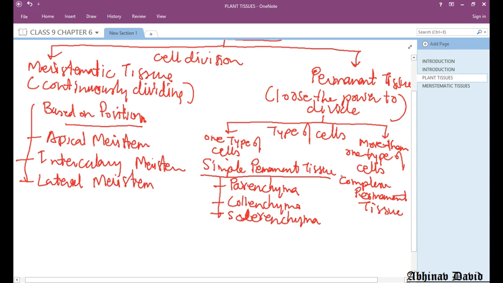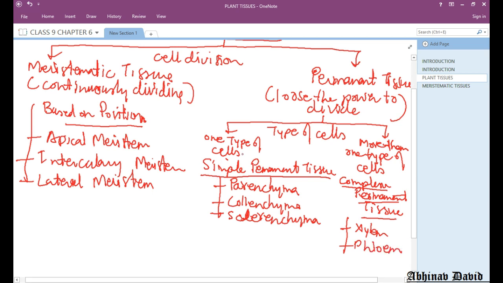Then complex permanent tissues are again divided into two categories based on structure and function, into xylem and phloem.